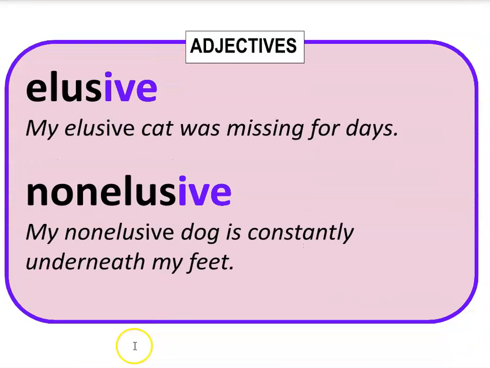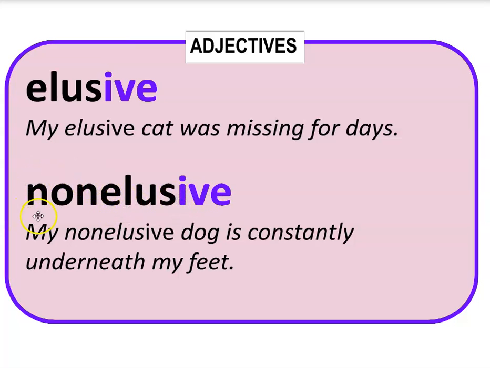So if we look at adjective forms of elude, we have IVE here as the ending, which means the quality of eluding. Elusive would be something that's a quality of being able to escape or avoid. My elusive cat was missing for days. So your cat was able to escape, or the cat was able to avoid being caught, and so it was an elusive cat.